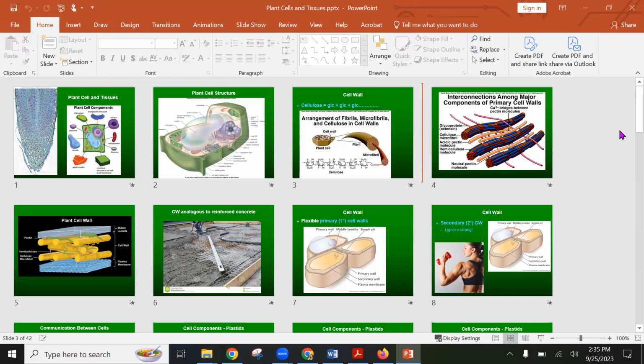So we got into parts of the plant cell. We got into cell wall structure. So I do want you to know the cell wall, what makes up the cell wall in general. We talked about the cellulose and, you know, the fact that that's just a bunch of glucose molecules all put together into those microfibrils. So we don't have cell walls, plants do. And not only that, but some parts of their body actually have two cell walls.